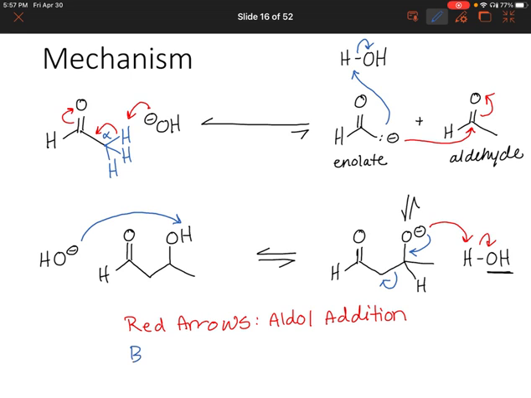So the blue arrows are showing what's called the retro-aldol reaction. So it's just the reverse of the aldol addition reaction.